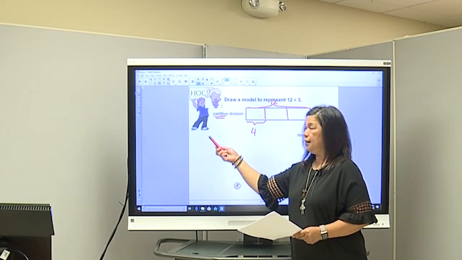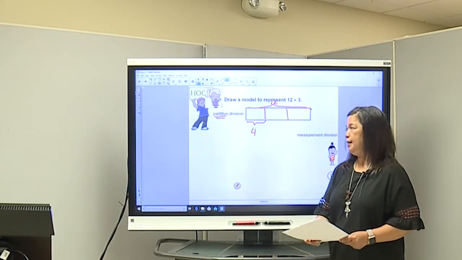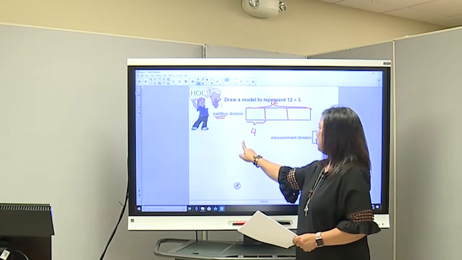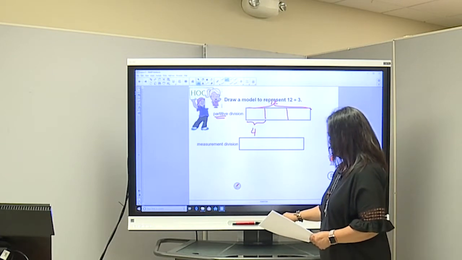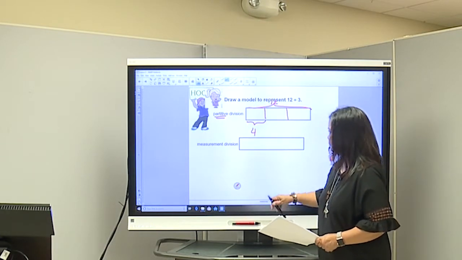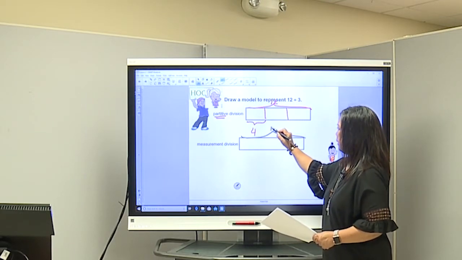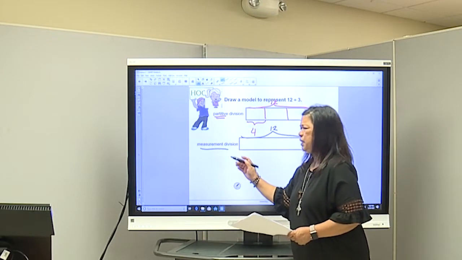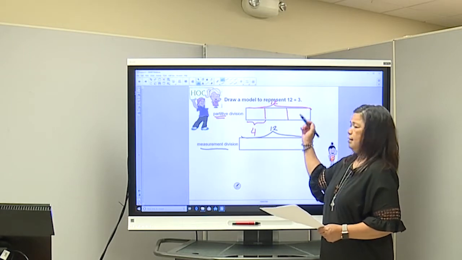What do we call it? Partitive division. Another way of modeling 12 divided by 3 is what we call measurement division. So again, the whole thing represents 12, and measurement division means each unit is 3.